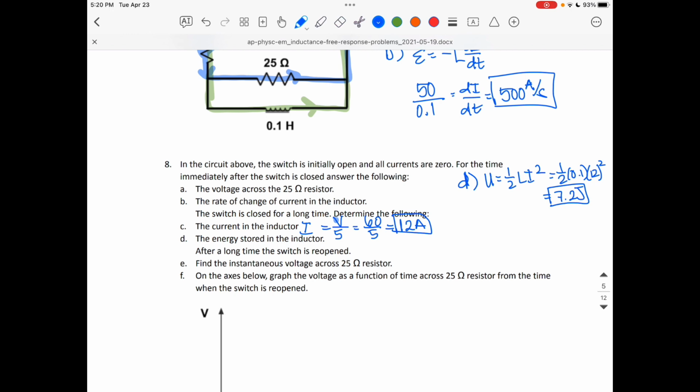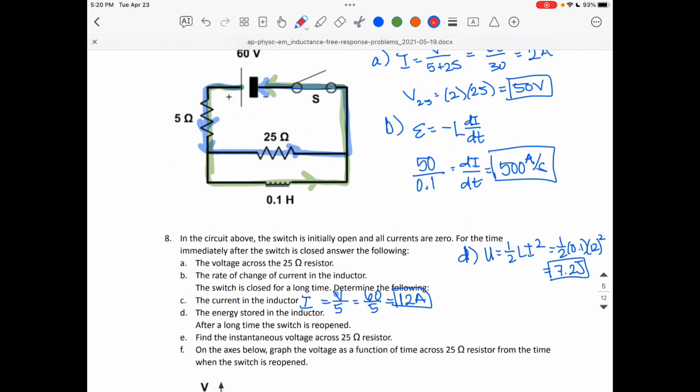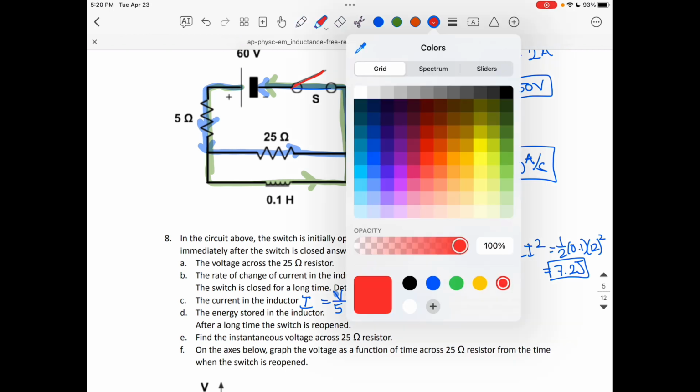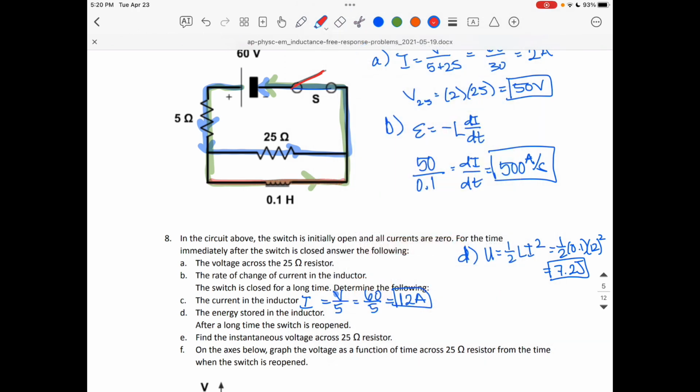So when the switch is reopened, what ends up happening is that this is no longer a closed loop, but what we do have is, let me use the red highlighter, the inductor that has a current going in this direction, and it can create a closed loop through the 25 ohm resistor right here.